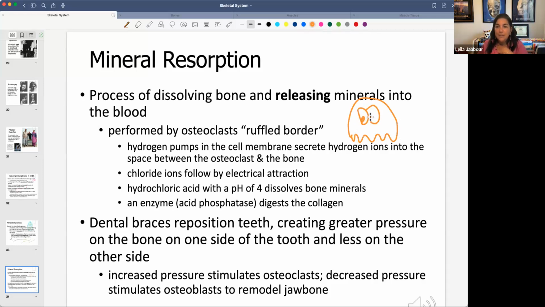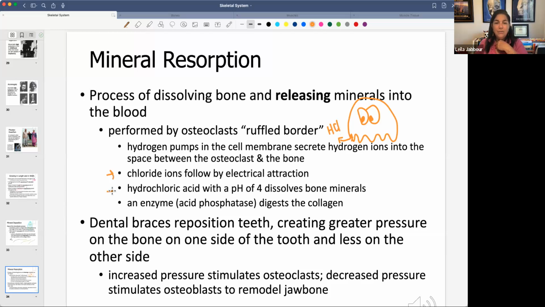These osteoblasts are like little Pac-Man. They have hydrogen pumps in the cell membrane that secrete hydrogen, which will combine with chloride ions and produce this very acidic hydrochloric acid, right?